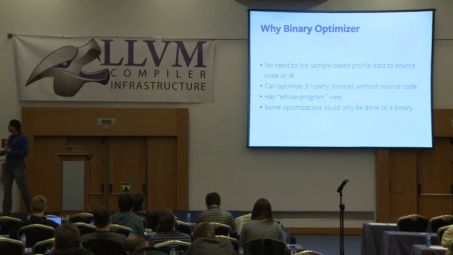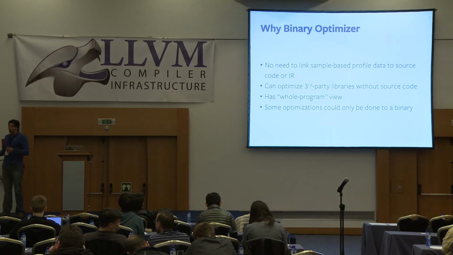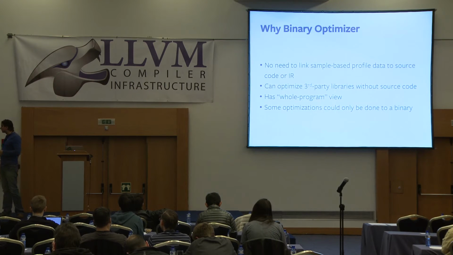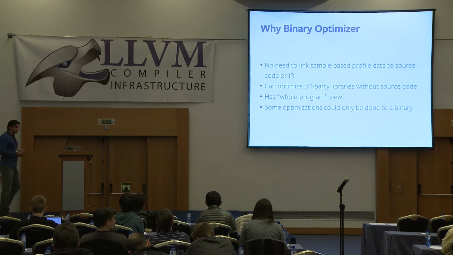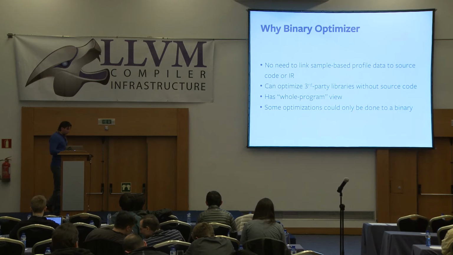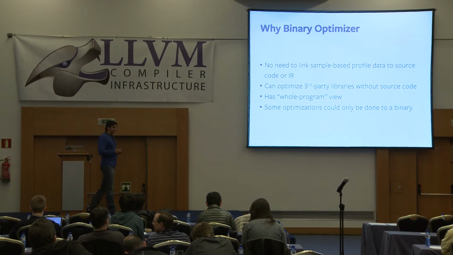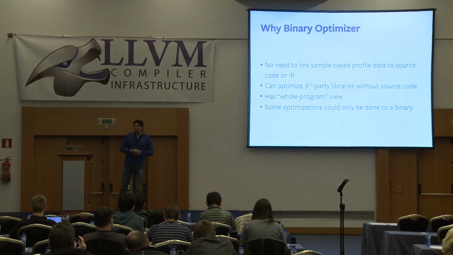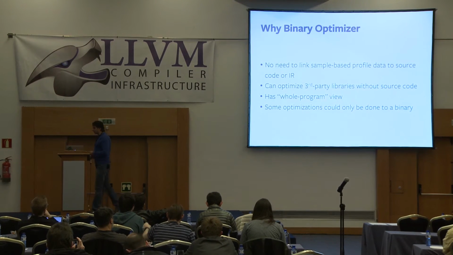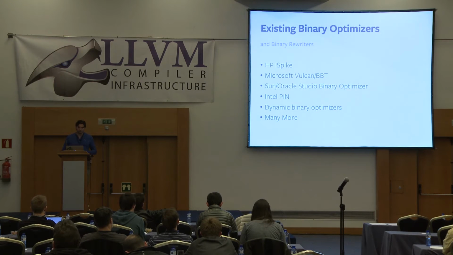But in our practice, if you want to gain the maximum performance, you try to put as much of the code in a single binary. There is also a set of optimizations that I'll briefly cover at the end of the talk that can only be applied to the binary itself. They cannot be done at link time. They cannot be done at compile time.